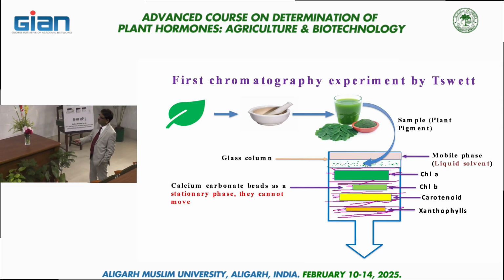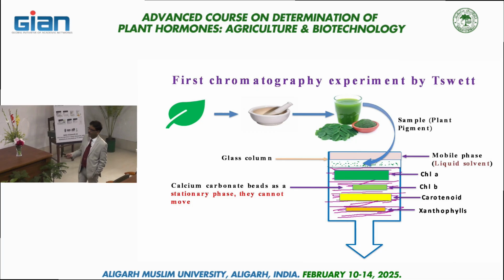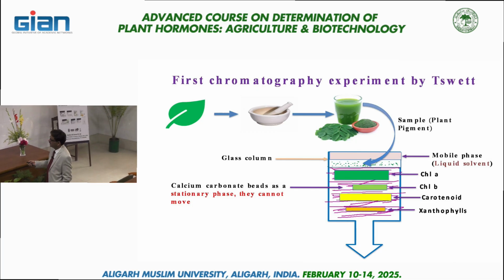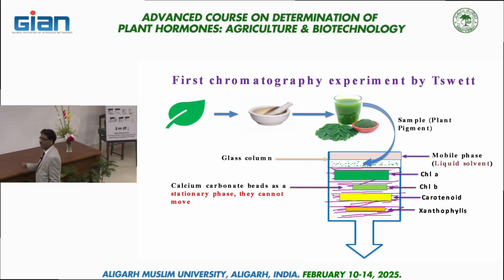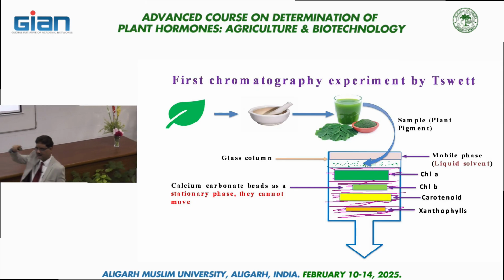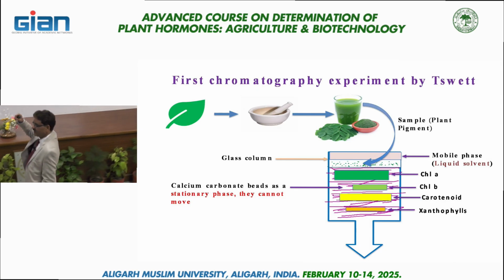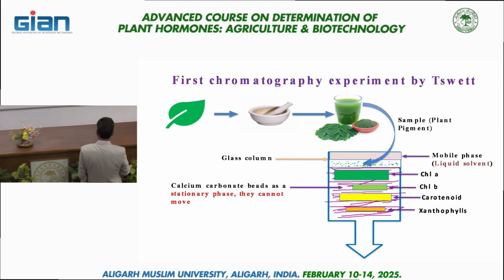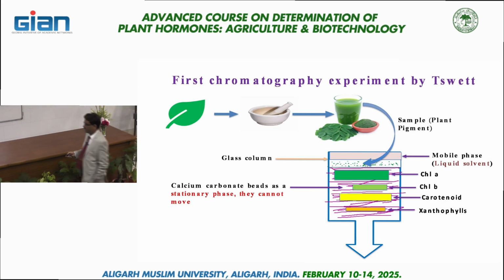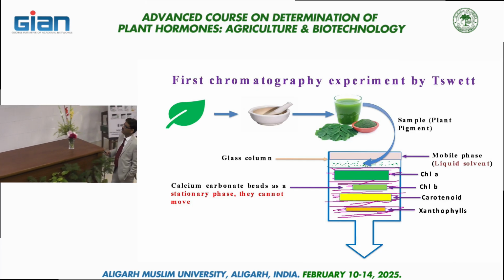After going through these, the pigments were separated: chlorophyll A, B, carotenoids and xanthophyll. In my opinion, you people have already done this experiment in the BSc third semester plant physiology practical at Aligarh Muslim University, Aligarh itself.